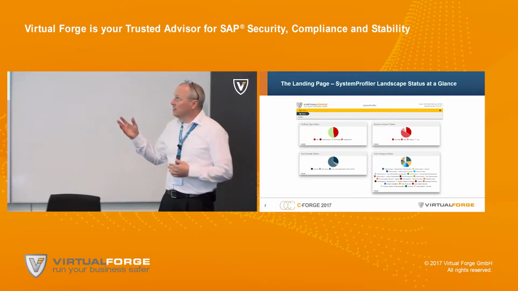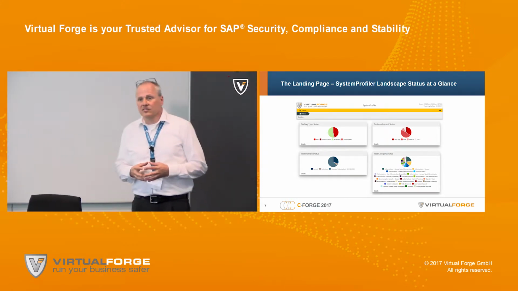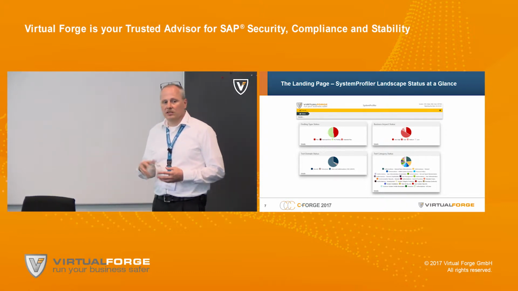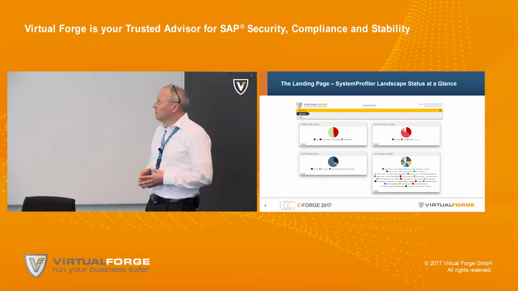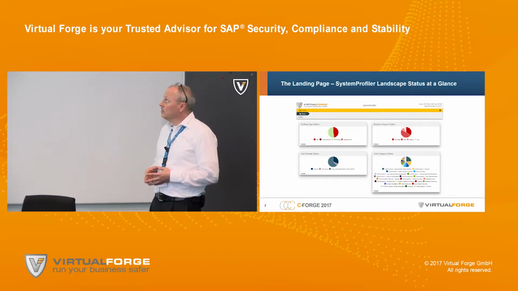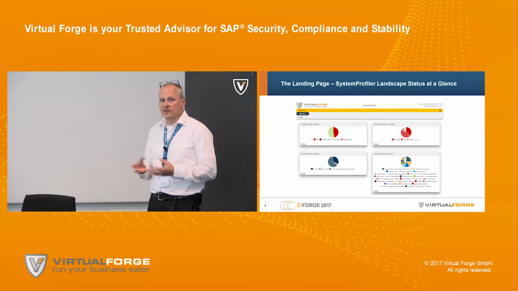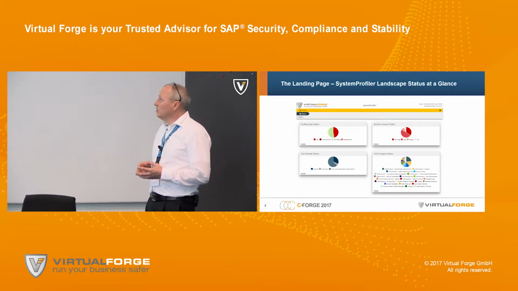The first slide displays the so-called landing page, one of the optional landing pages that can be configured. This is the landing page containing the system profiler content. In this case, these are the status views or the status charts. So status data of your system profiler inspections.